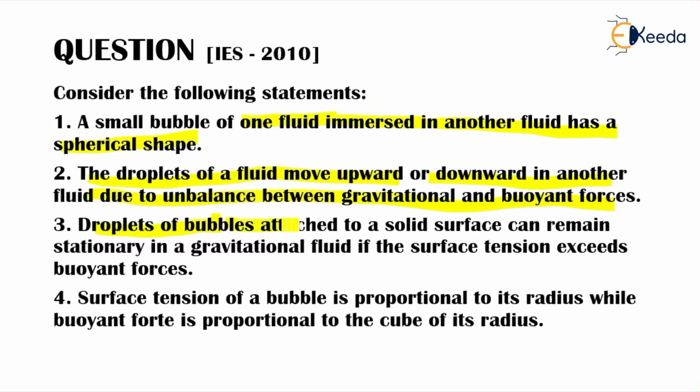Droplets or bubbles attached to a solid surface can remain stationary in a gravitational field if the surface tension exceeds buoyant forces. Surface tension of a bubble is proportional to its radius, while buoyant force is proportional to the cube of its radius. Now we will see our options.